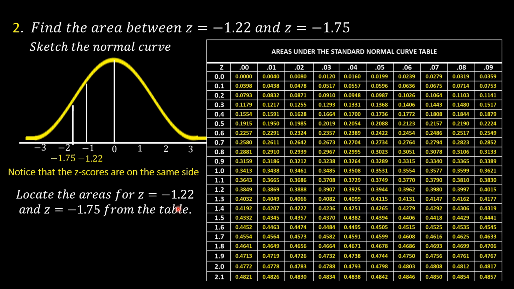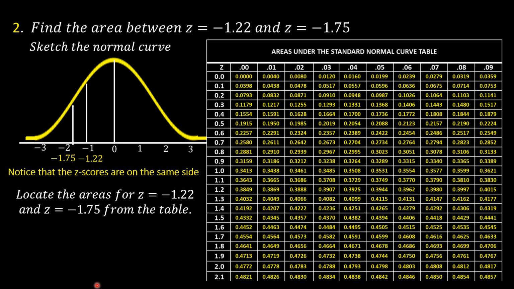We're going to look at the first two digits of z is equal to negative 1.22 in the first column. Disregard the negative sign. This is 1.2. And then look at 0.02 in the first row. This is 0.02.